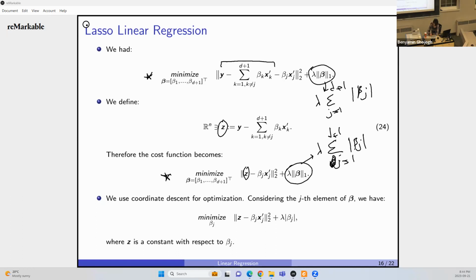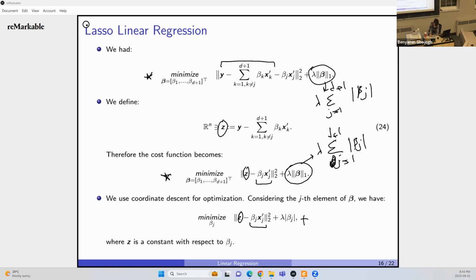Z is constant with respect to beta j. I write it as z, right? This is as before, like this. This term, I only consider the jth element. The summation goes away. Don't you agree?